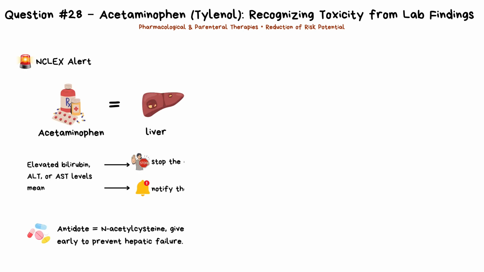Here's your NCLEX alert. Whenever you see acetaminophen plus elevated bilirubin or transaminases, think liver, not kidney. Stop the drug, notify the provider, and prepare to give N-acetylcysteine, the antidote that protects the liver when given early.